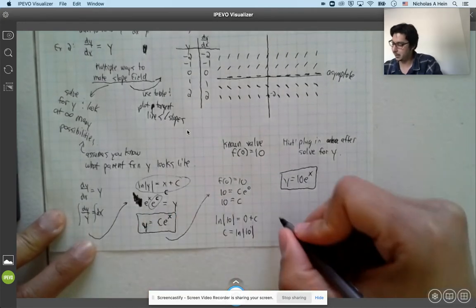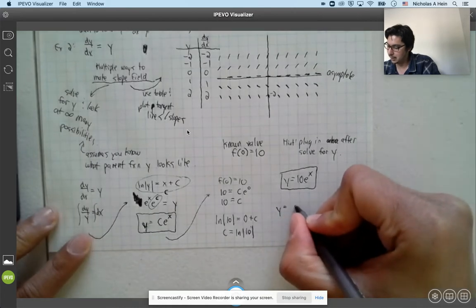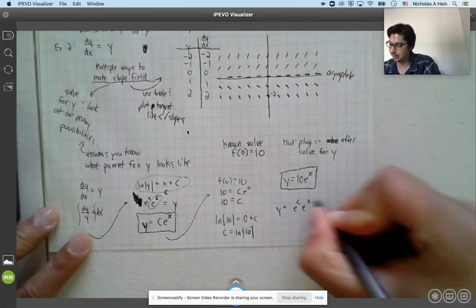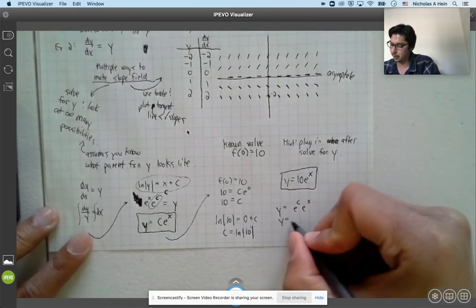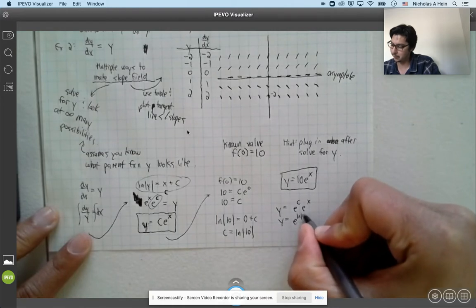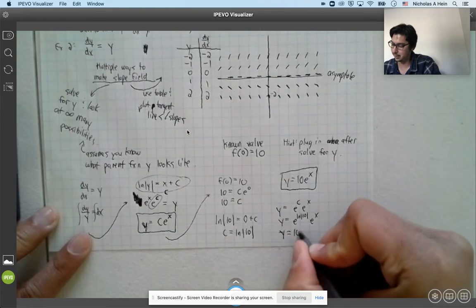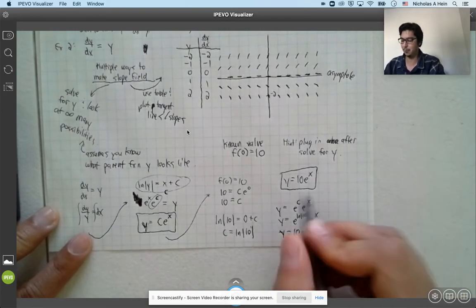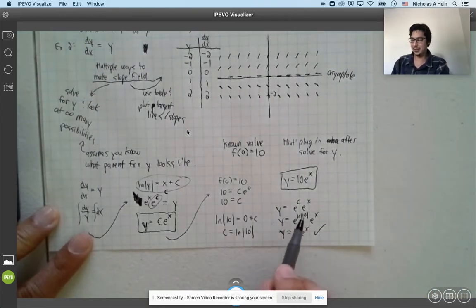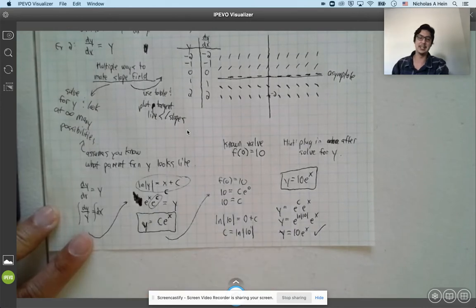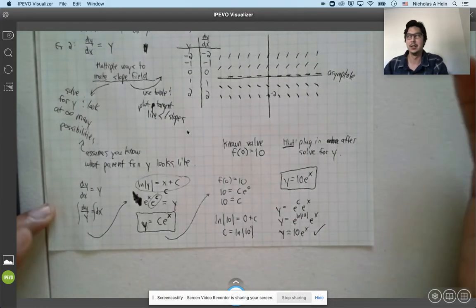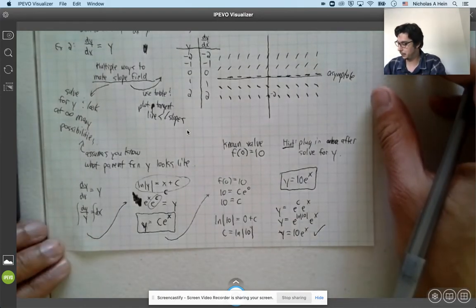So if we would have rewritten that as y equals e to the c e to the x, it would have been y equals e to the natural log of 10 e to the x, which is y equals 10 e to the x. So it's the same thing we got, but there's that extra little step there where we would have had to say e to the c rather than just c. And that's why if you follow my hint, you usually don't have to account for that in your final answer. You get there a little bit quicker, okay?